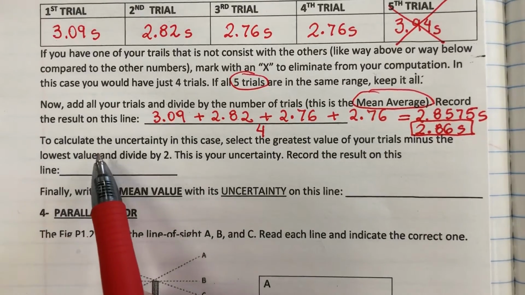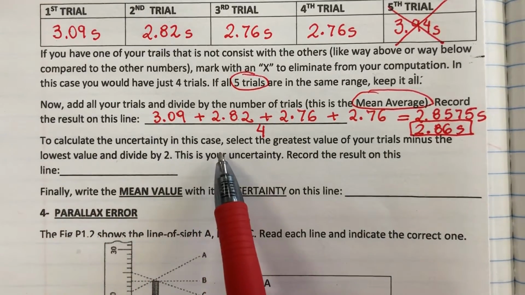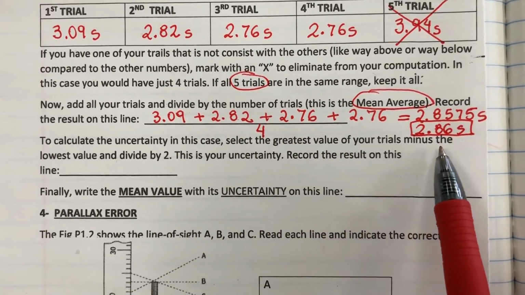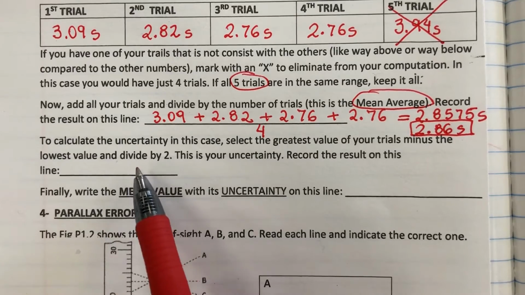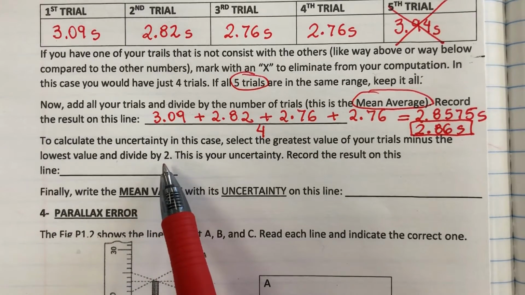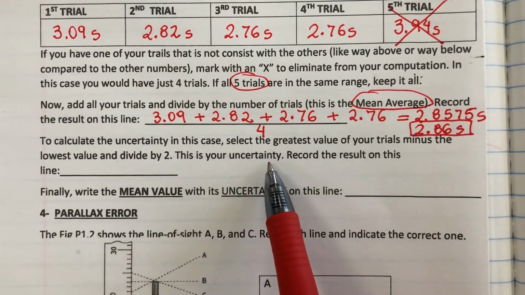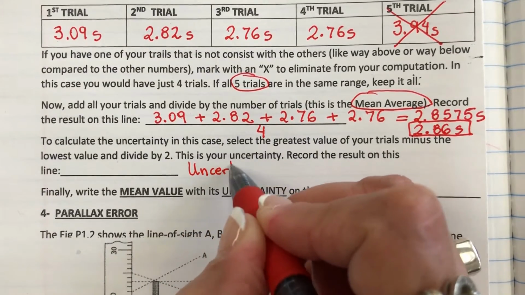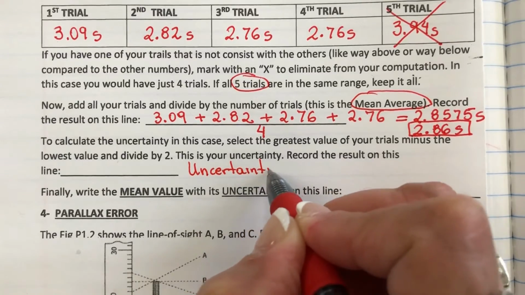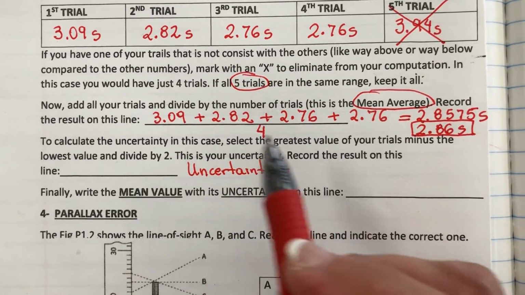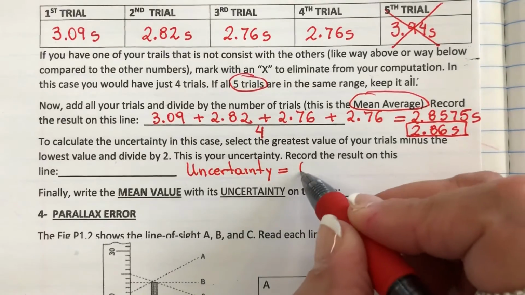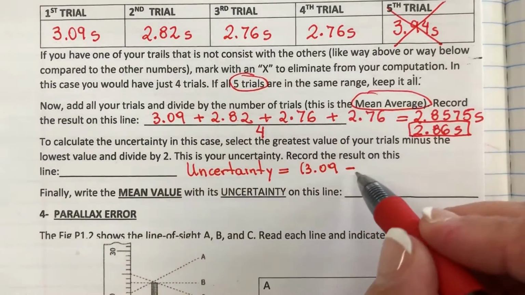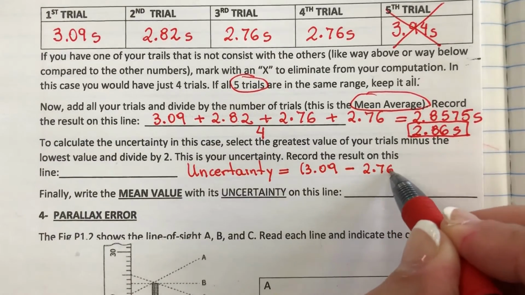Next, I'm going to calculate the uncertainty. In this case, I'm going to select the greatest value of my trials minus the lowest value of my trials and divide by 2. This is the uncertainty. So my biggest value here is 3.09 minus my lowest one, 2.76.